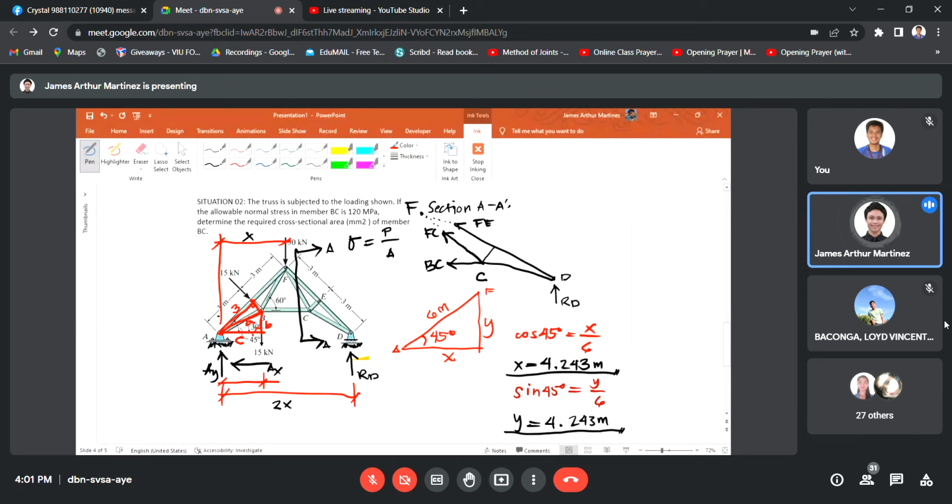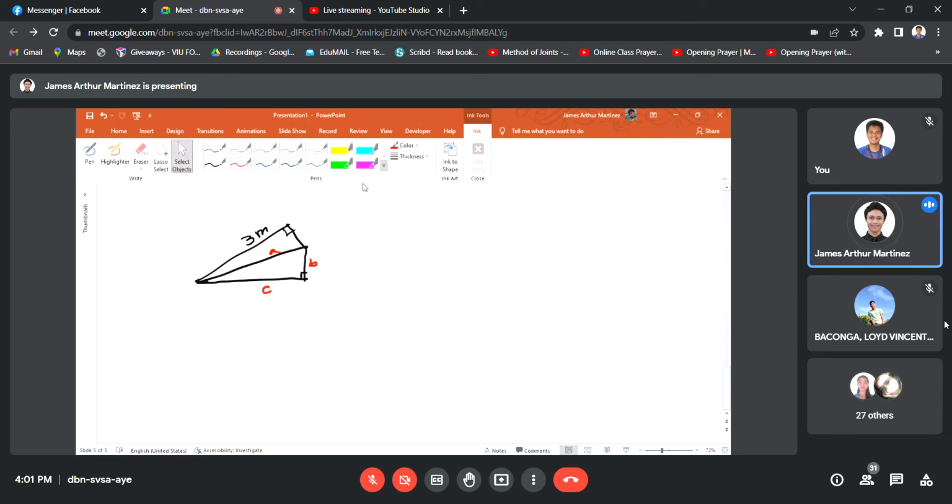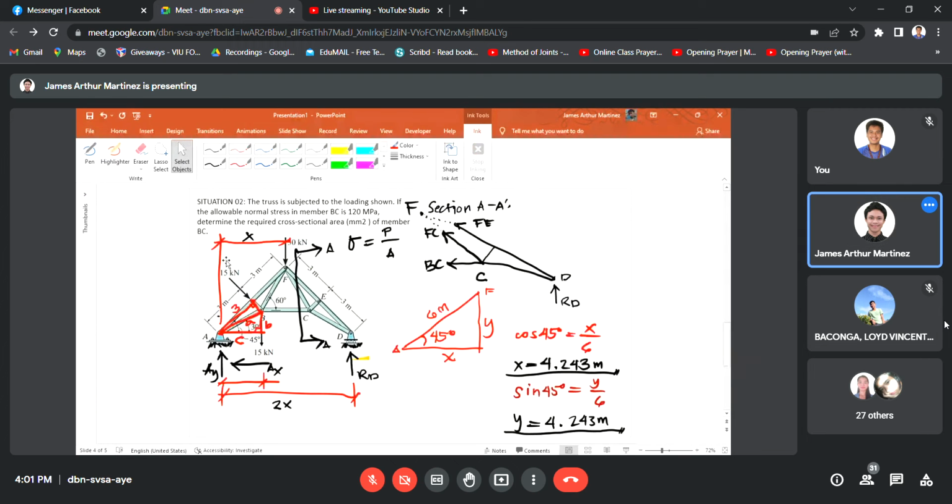The angle of inclination of member A to B is not horizontal, so this is 30 degrees.